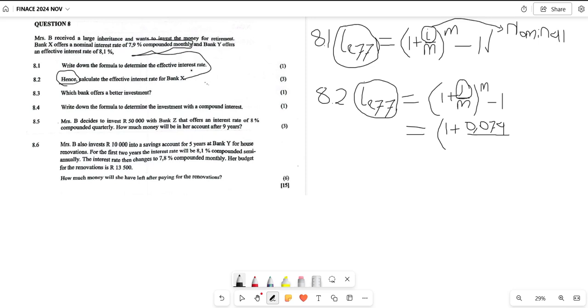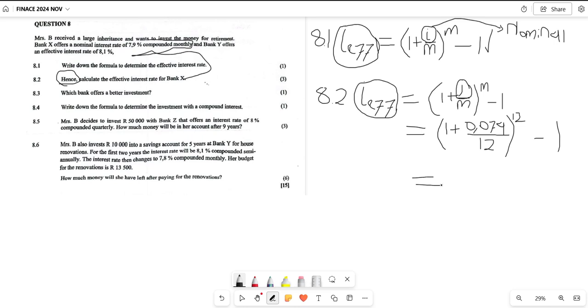Here it's m. What is m? Compounded monthly. How many months do we have in a year? We have 12 months in the year. Then we are going to divide here by 12, close bracket, all to the power of 12, minus 1. Then we are going to substitute everything using our calculator: 1 plus, in bracket, 0.079 divided by 12, close bracket, all to the power of 12, minus 1.